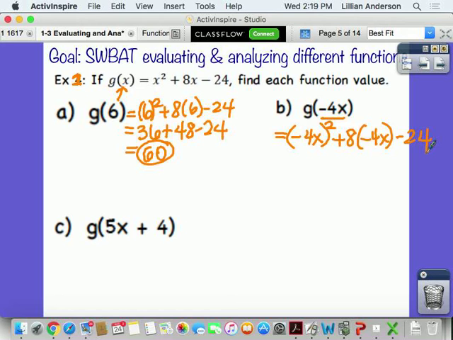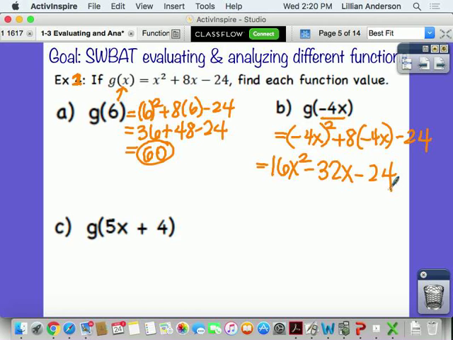You just might say it's just negative 4x squared, but it's not. It's negative 4x times negative 4x, which is 16. What's x times x? x squared. What's 8 times a negative 4x? Negative 32x. And then we have a minus 24.